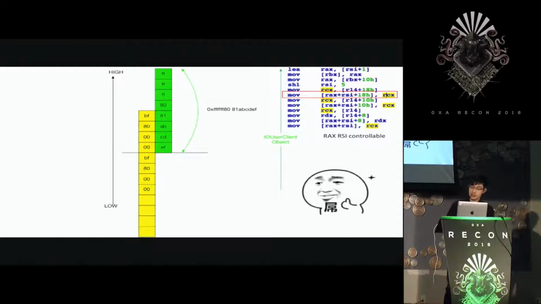We can see in this instruction, like mov [RAX+RSI+0x18], RCX, we write RCX to this location, and the RAX and the RSI are both controllable by us. But the RCX is limited to the range we have discussed before.